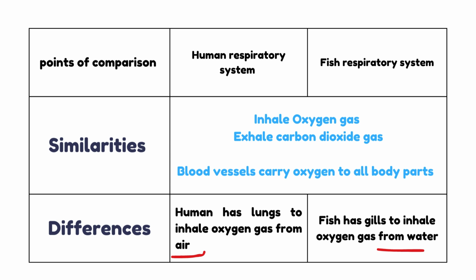But about the differences, the human has lungs to inhale oxygen from air, but fish has gills to inhale oxygen gas from water. Okay, so here we finished this activity.